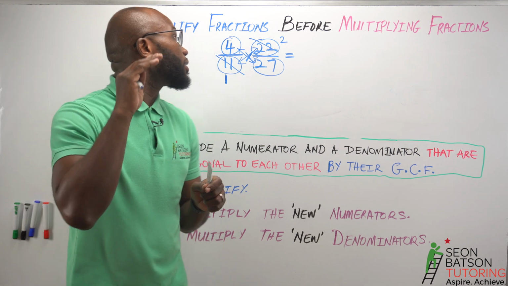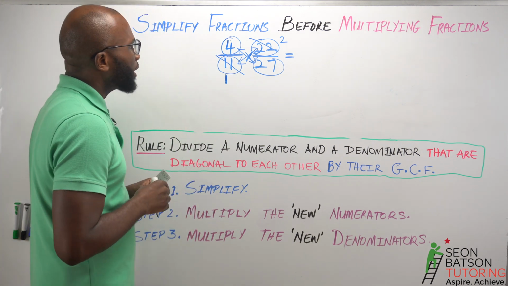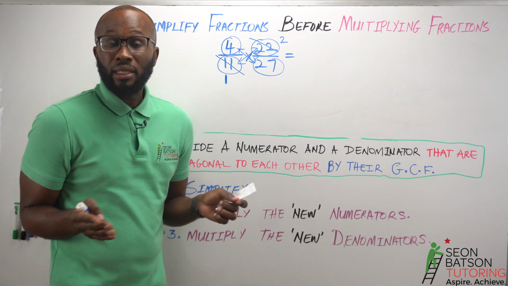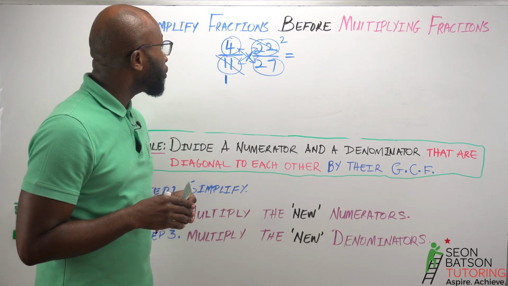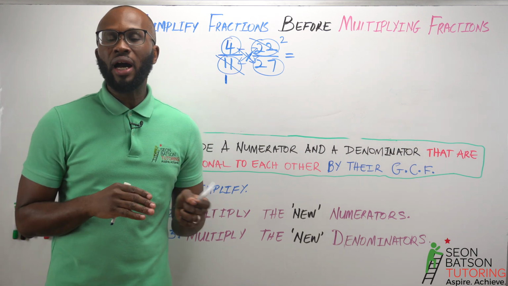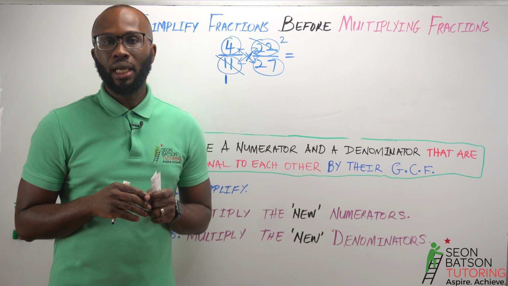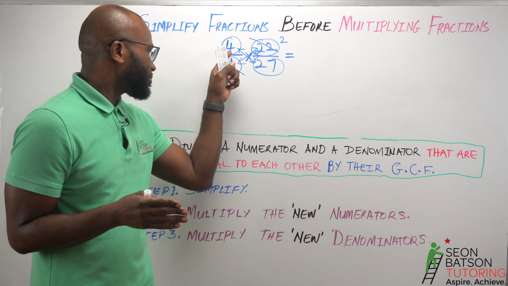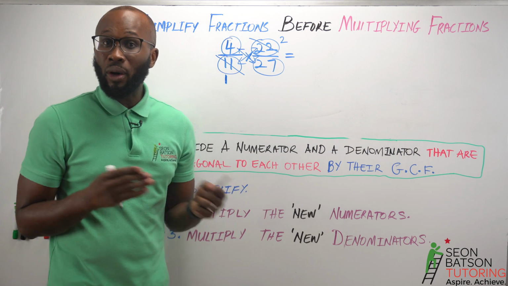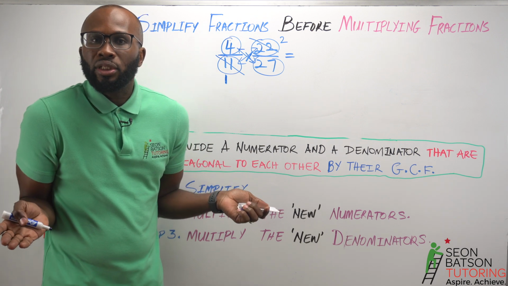Now, the greatest common factor for 4 and 27 is 1. And whenever the greatest common factor is 1, we will not divide the numerator and the denominator by 1, because dividing by 1 wouldn't make a change.